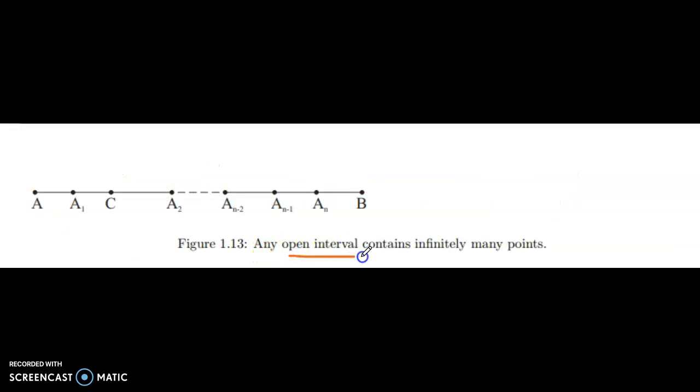Any open interval contains infinitely many points. Any open interval contains infinitely many points. So this is clear.